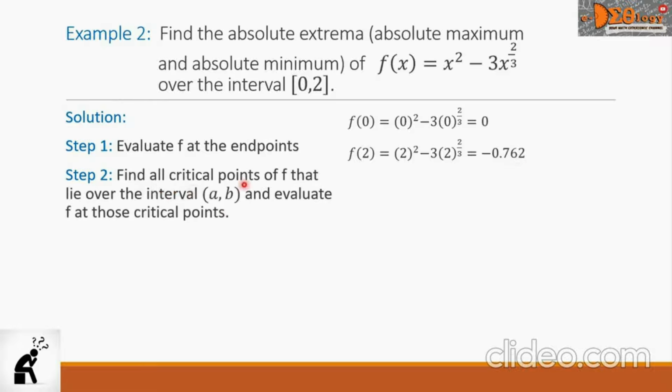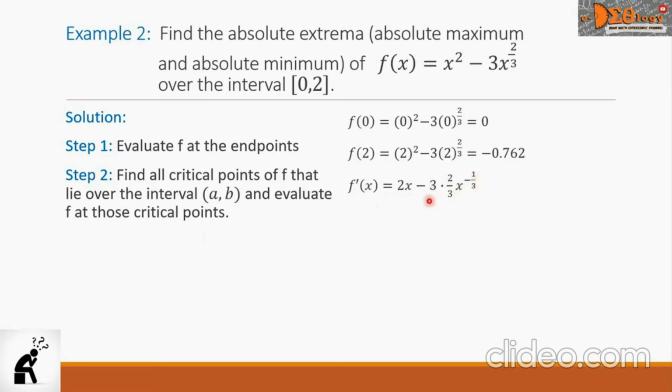Find all critical points of f that lie over the interval a to b and evaluate f at those critical points. First, let us take the derivative. The f prime of x is equal to 2x minus 3 times the fraction 2 over 3 times x raised to negative 1 over 3.